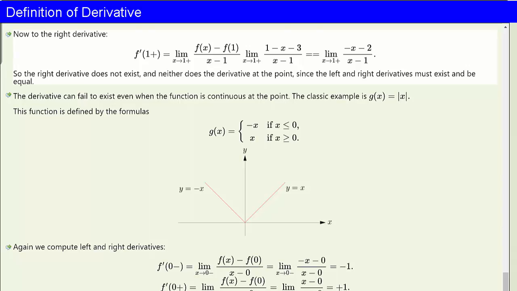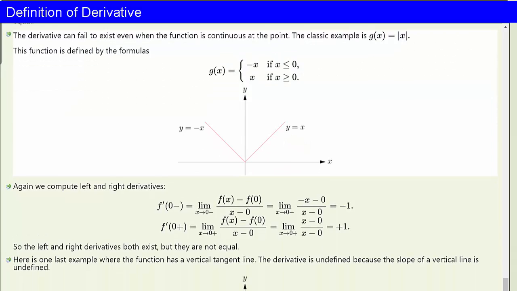The limit does not exist since the numerator goes to minus 3 and the denominator goes to 0. So the left derivative does exist and the right derivative does not. This means that the derivative does not exist since the left and right derivatives would have to exist and be equal.